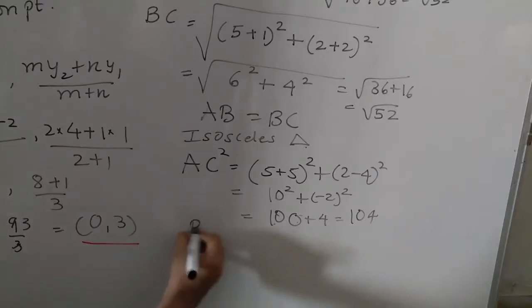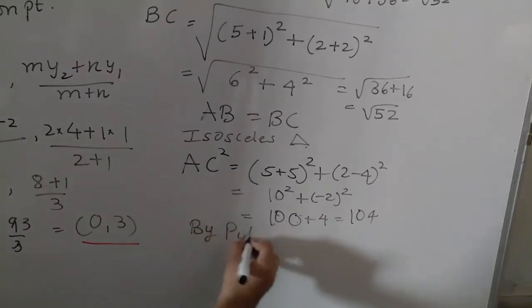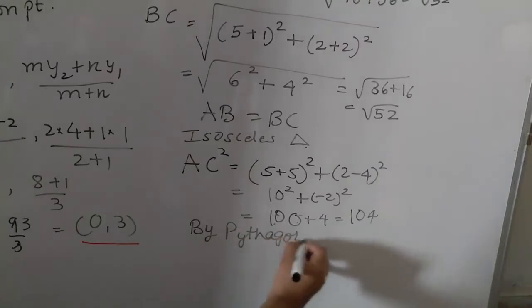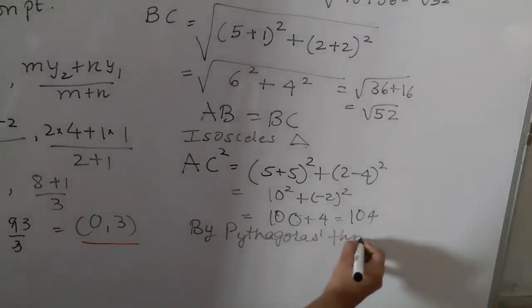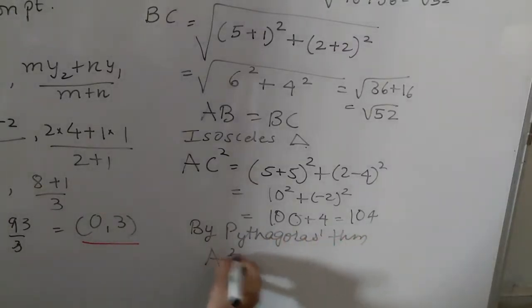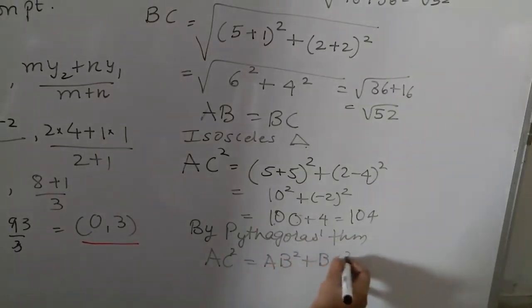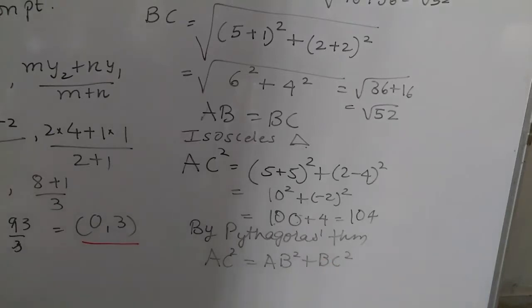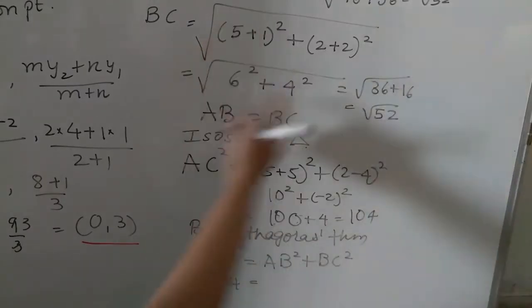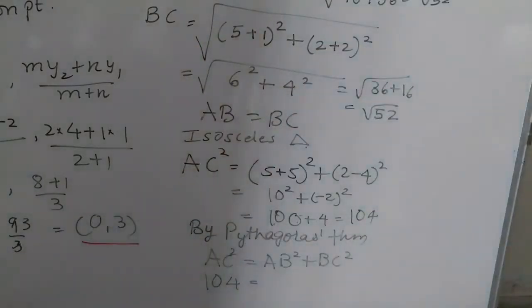For that, using Pythagoras theorem, I write here AC square is equal to AB square plus BC square. If these two are equal, then we can say it is forming a right angle. So the AC square value is 104. What is AB square? AB we got root 52, so square of it will be 52. And BC we got root 52, and square of it is 52.